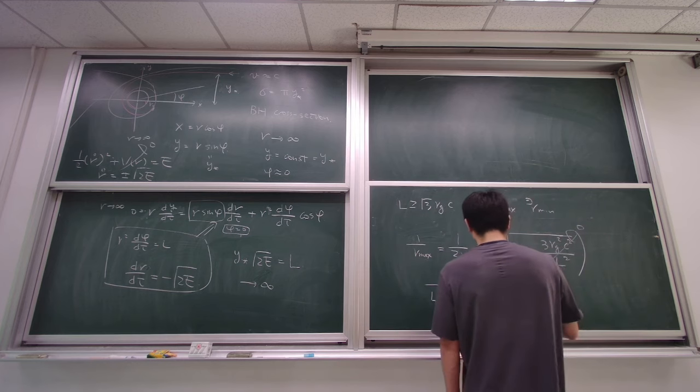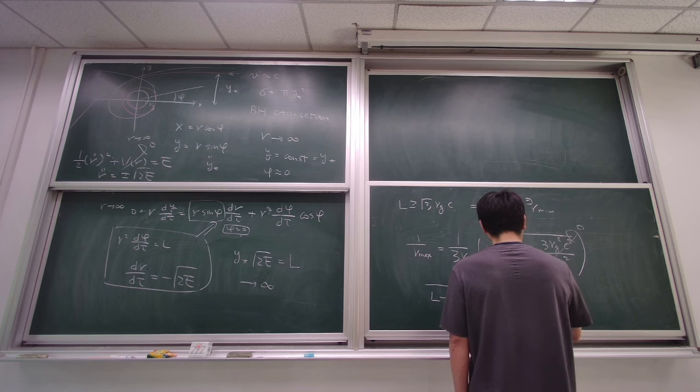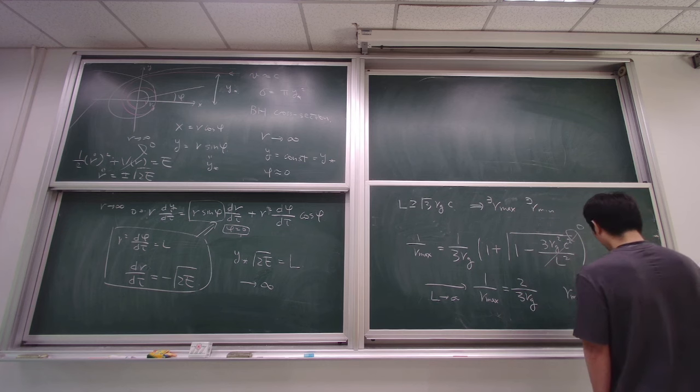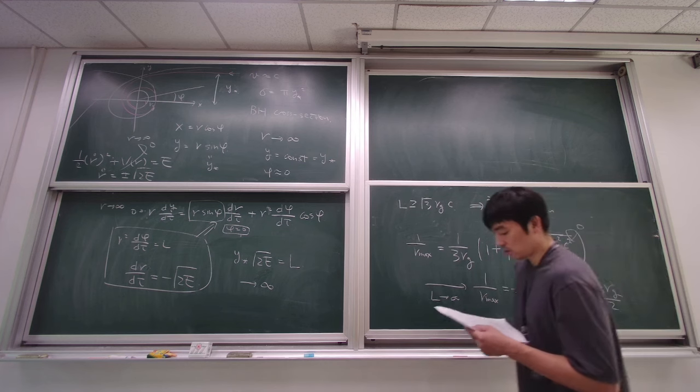So therefore, it is equal to 2 times 3rg. So therefore, R max is equal to 3rg divided by 2. Okay, so that's what you get.